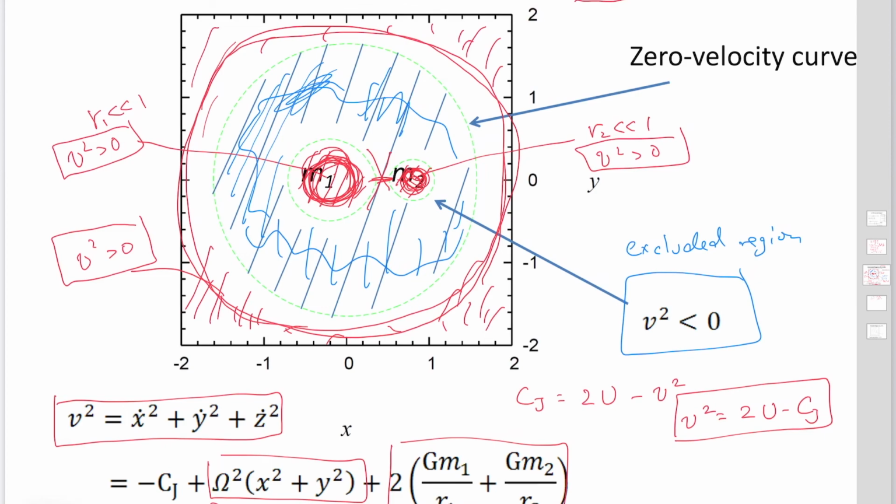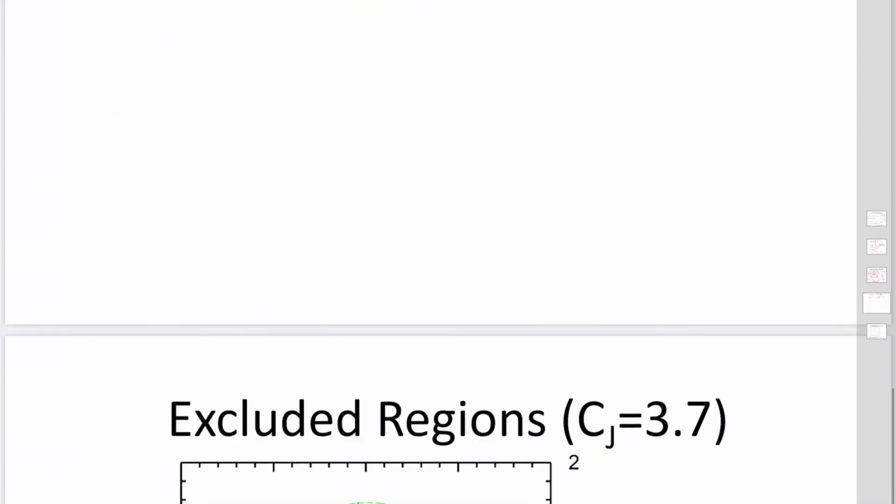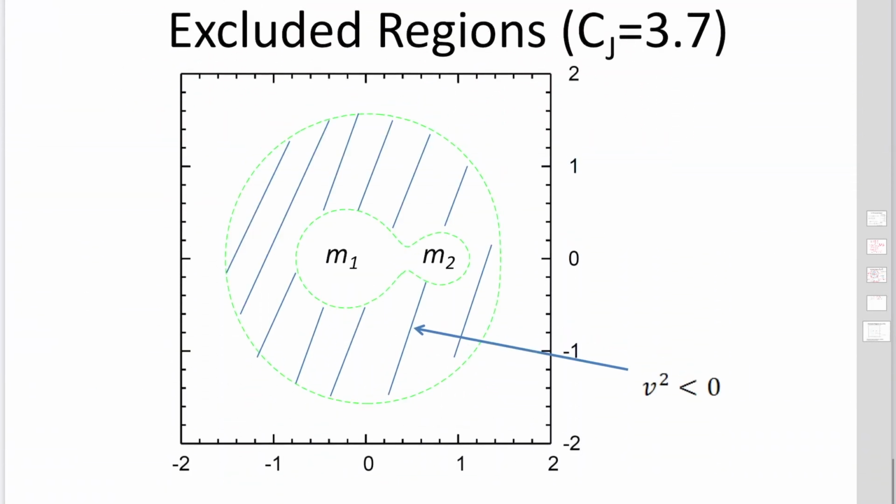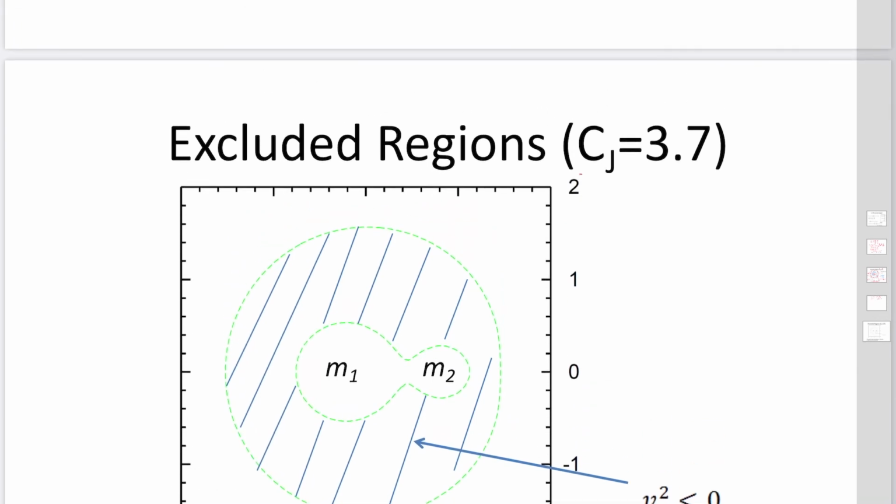Okay, then we move to the next case, where C sub J is 3.7. In this case, two regions share the space.